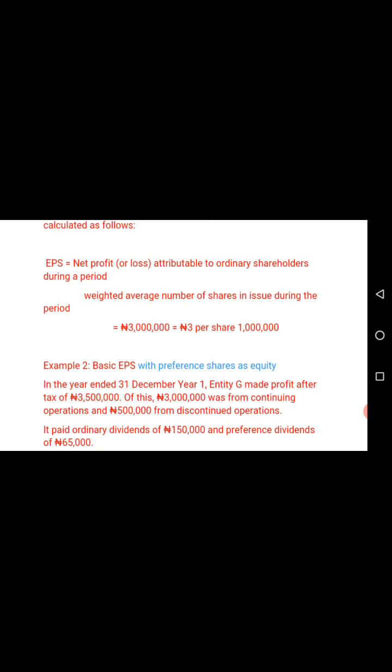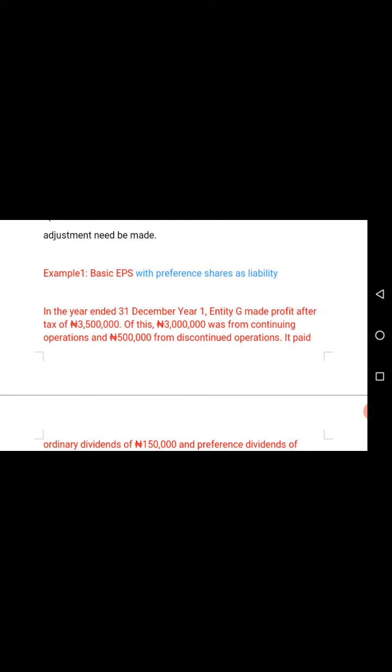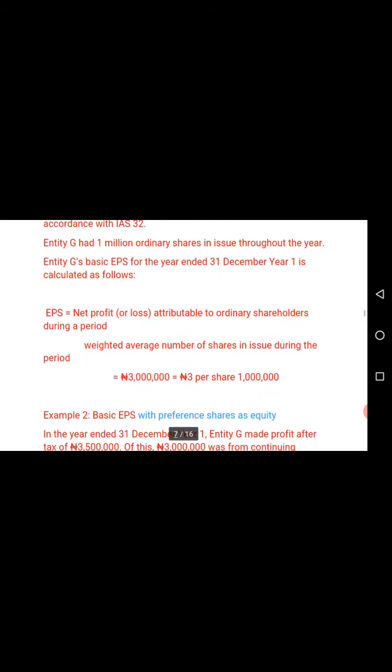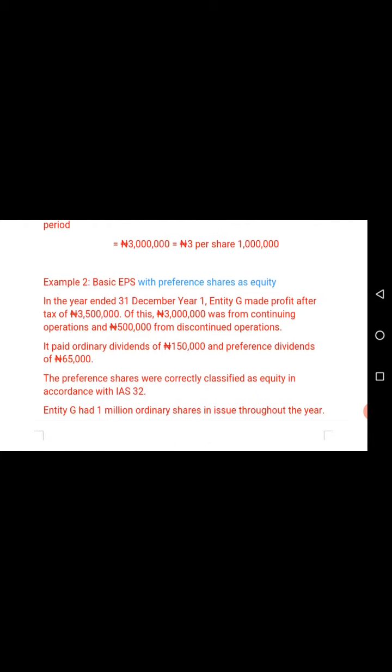So we'll move over to basic EPS with preference shares as equity. The first one we took was with preference shares as liability. Now example 2 is with preference shares as equity. We have the same example here, the only difference is that the preference shares were correctly classified as equity in accordance with IAS 32.